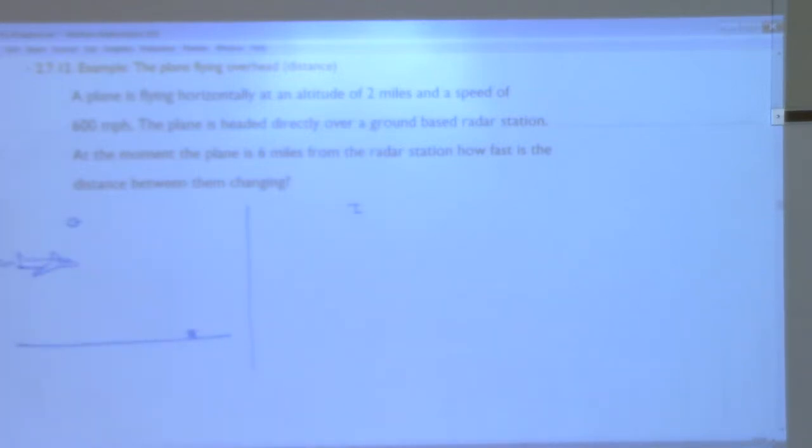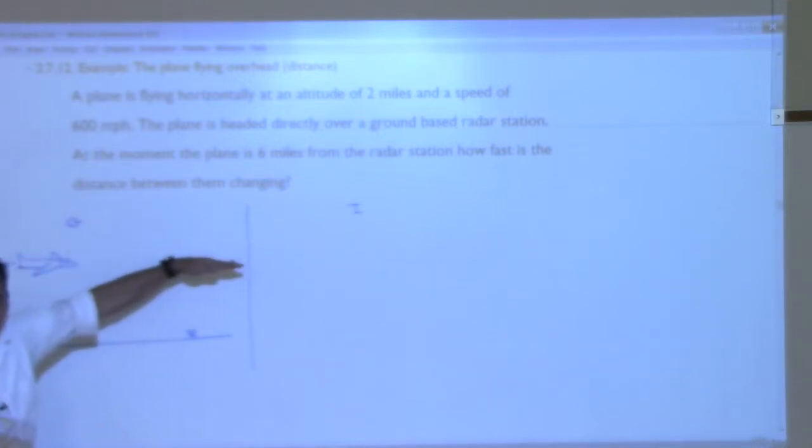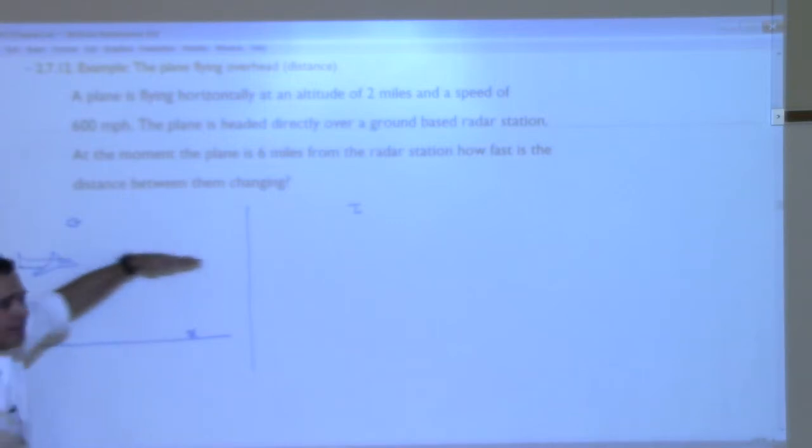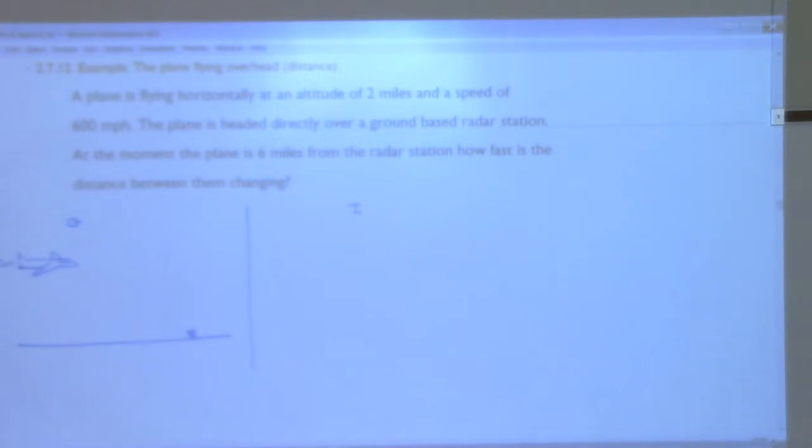There we go. All right, so we got our plane. Now, this plane is moving overhead like this, right? The plane is moving overhead. That's pretty much all I can draw in my general picture right now, because everything's in motion.